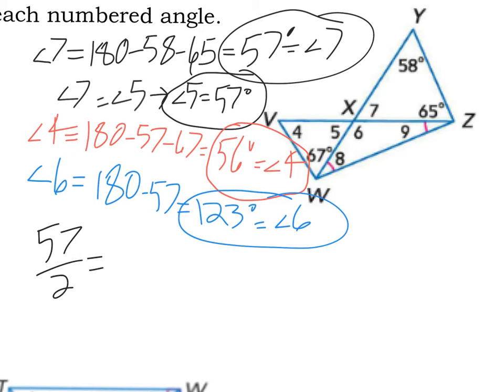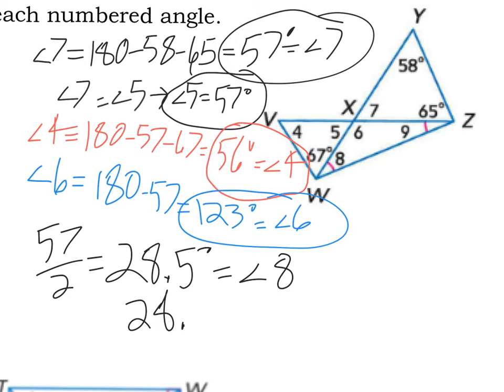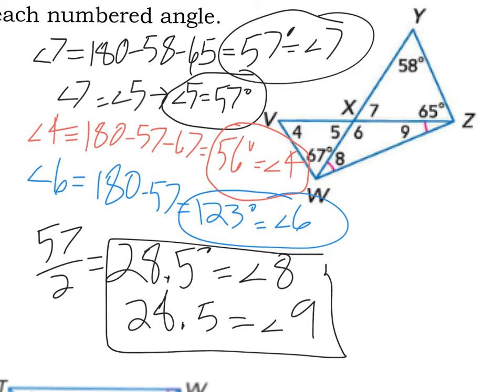That's going to give you 28.5 degrees. And so that's going to equal angle 8, and 28.5 degrees is also going to be angle 9. Think about it: add those two together, they'll equal 57. Add 57 to 123, they equal 180. So this is all the missing angles for this triangle.